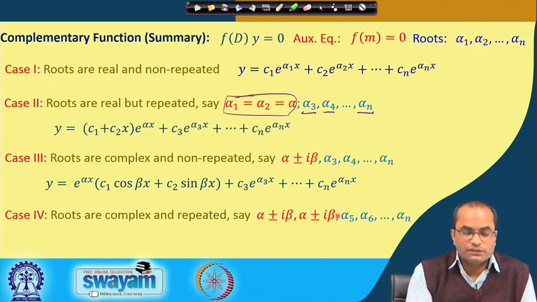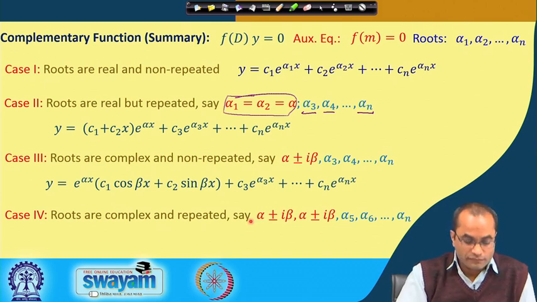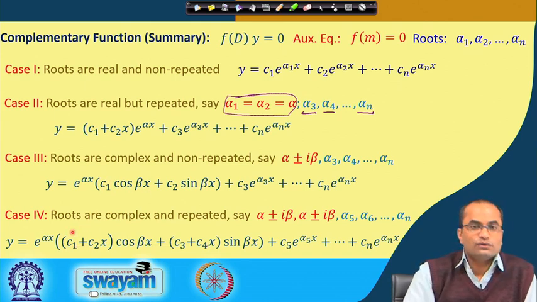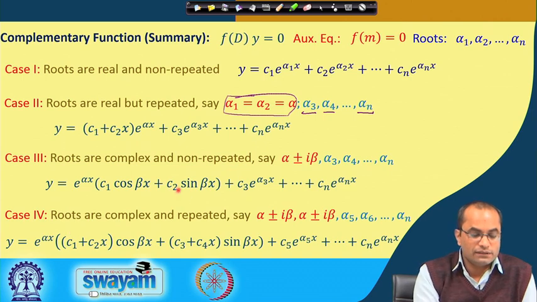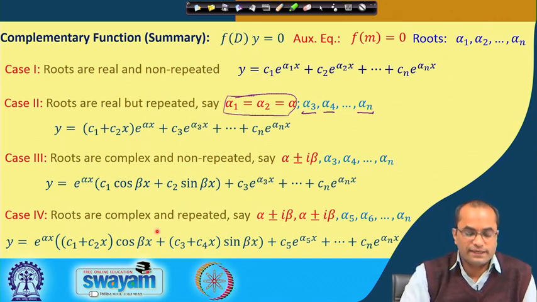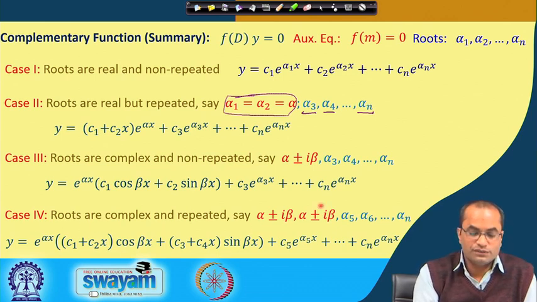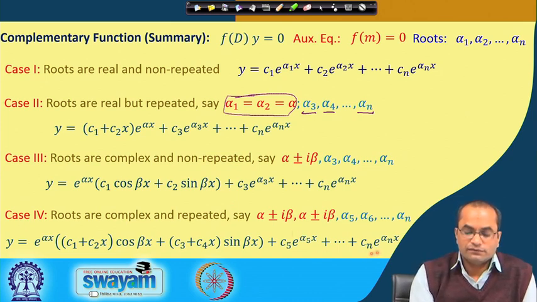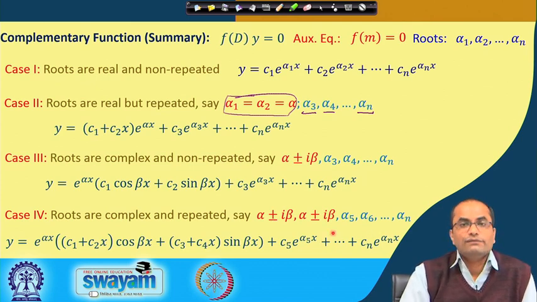For this case we write the expression with linear terms: e^(alpha x) remains as it is, and instead of c1 it will take c1 plus c2 x, and the other constant will be c3 plus c4 x. So, 4 constants are introduced corresponding to these repeated complex roots, and corresponding to the non repeated distinct real roots we have c5 e^(alpha5 x) and so on up to cn e^(alpha n x).